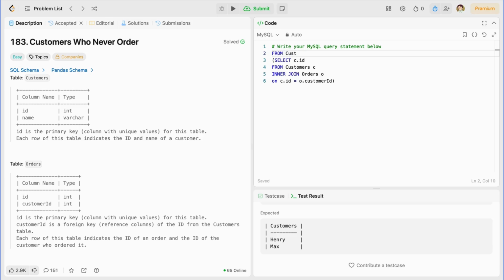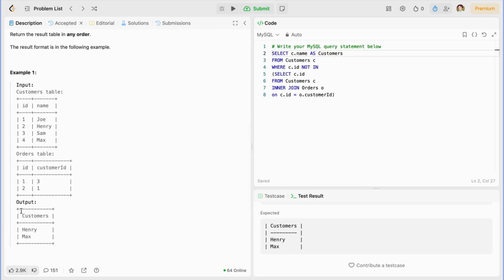From the table customers, which I'm going to alias as C, where C.id not in this, it is going to get the customer IDs who have never ordered. But what do we require in the output table? We require the name, that is C.name, aliased as customers. That's the name that they want.